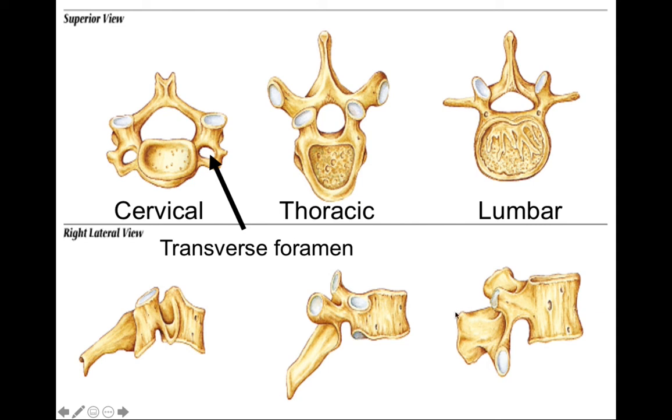The spinous process of the lumbar vertebrae are not going to be pointed, they're actually going to be rather rigid and quite long, and they're going to be pointing outwards instead of downwards. So we can see a major difference between those 2 spinous processes here in the lateral view. Aside from the size of the centrum, which I've already mentioned, we also want to note the angle of the transverse processes.